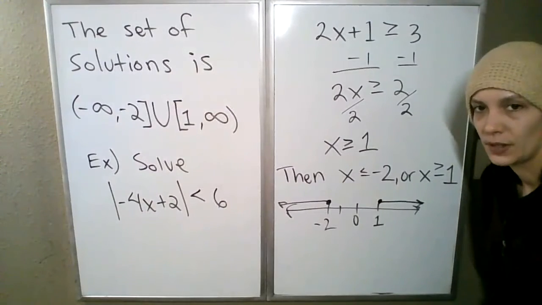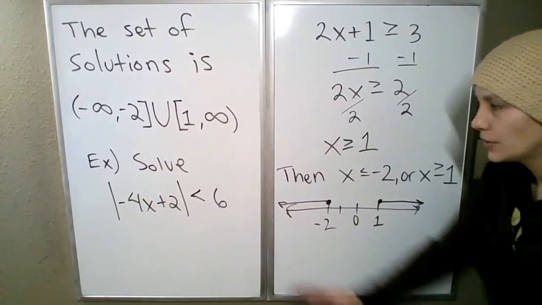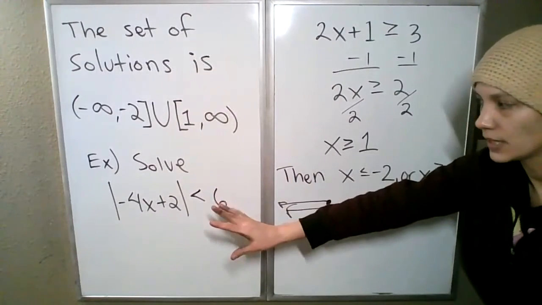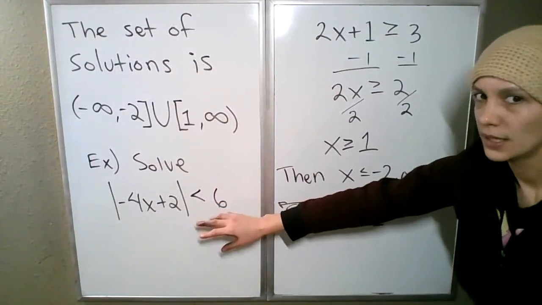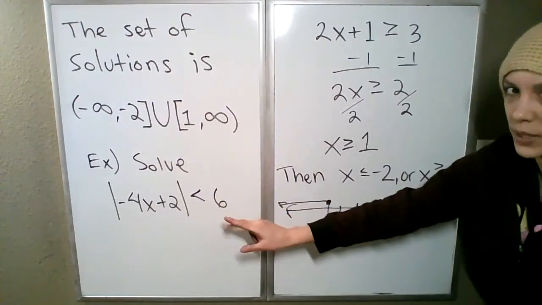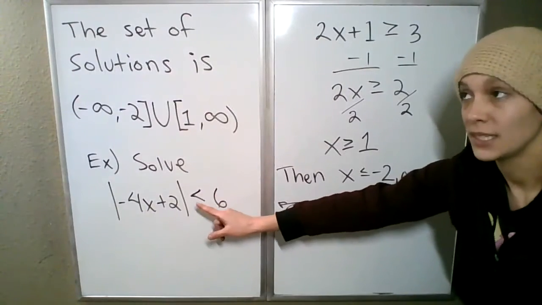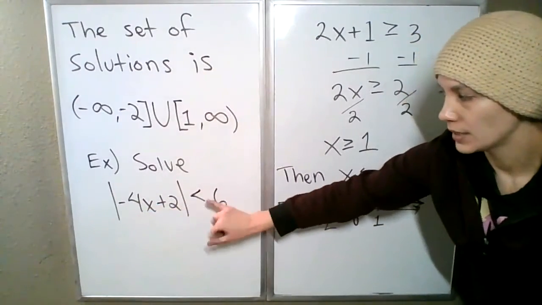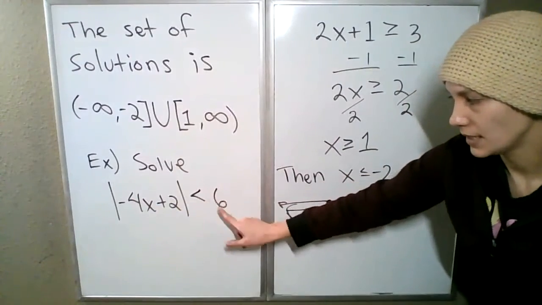So first step's taken care of. The absolute value bars are on one side of the inequality. Then I'm going to translate what the absolute value means. It's the distance between 0 and that number. And then we go here to less than, and then 6 units.